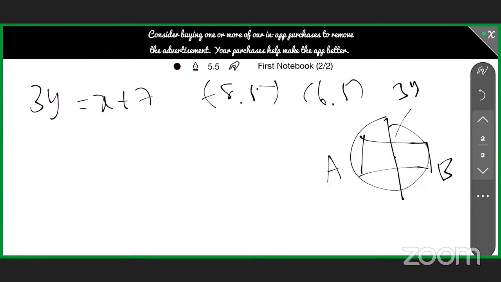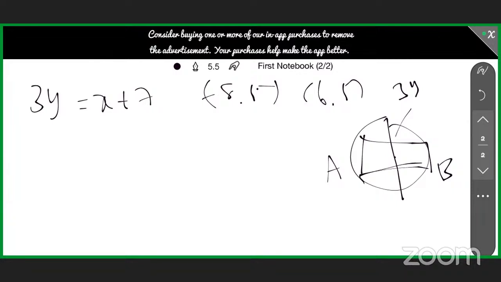Now, carefully, very important thing. First, we'll find the midpoint of these two, A and B's midpoint.